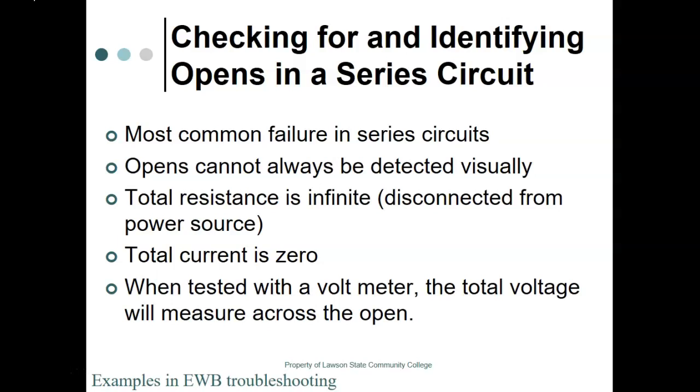Total resistance becomes infinite, because it is disconnected from the power source, and total current should be 0. So you should not really put an ammeter to these things. It really doesn't matter. Okay. When tested with a voltmeter, total voltage will measure across the open.